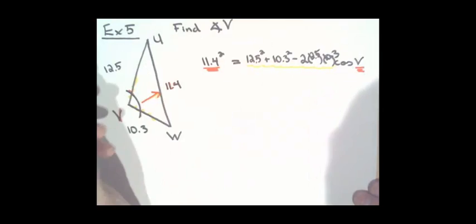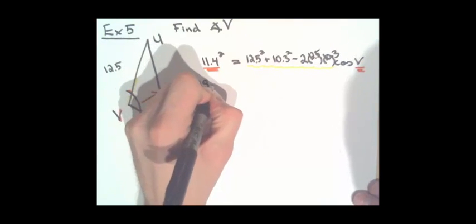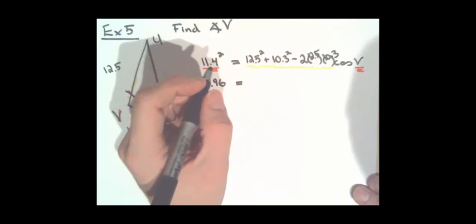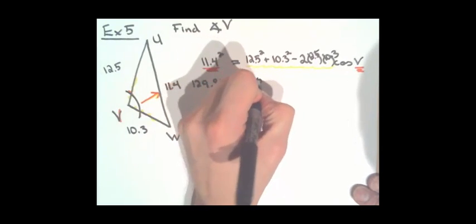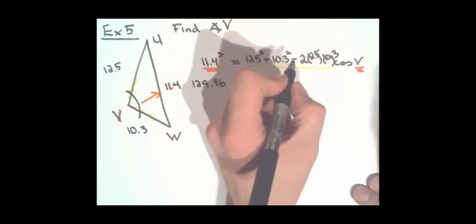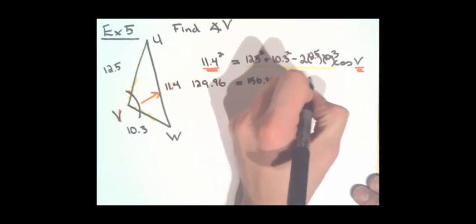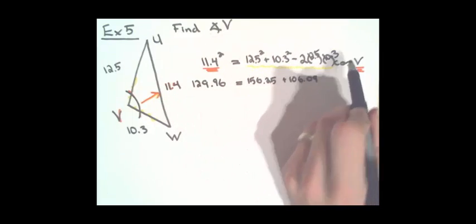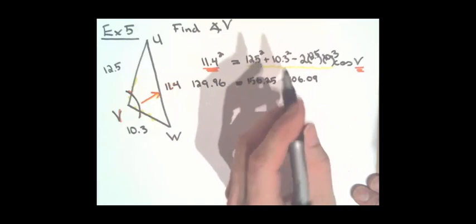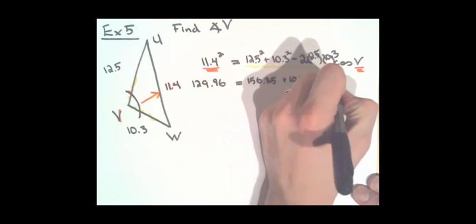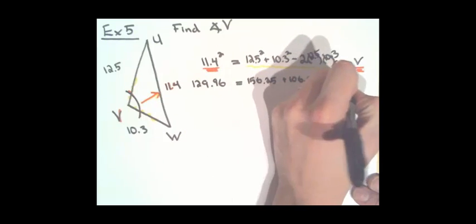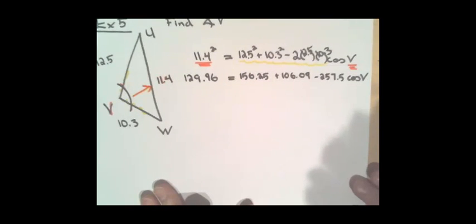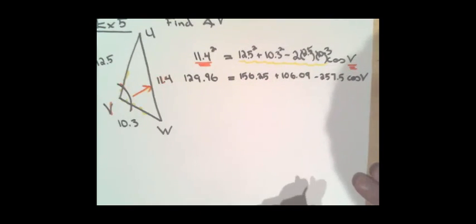And here we go. So 129.96 equals 12.5 squared is 156.25. And I'll just keep going here. So check your answers. All that multiplication, 2 times 12.5 times 10.3 is minus 257.5 cos V. So looks big, a lot of decimal numbers.